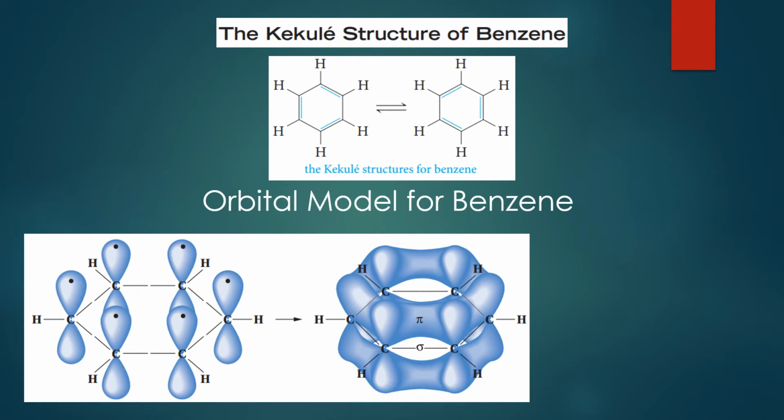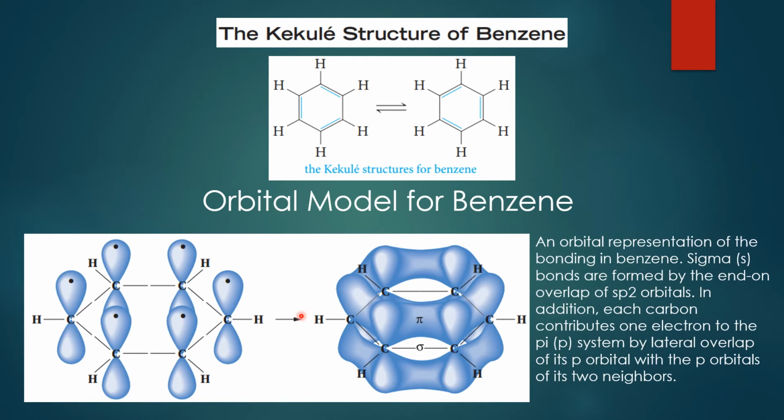Two sp2 orbitals of each carbon atom overlap with similar orbitals of adjacent carbon atoms to form the sigma bonds of the hexagonal ring. The third sp2 orbital of each carbon overlaps with a hydrogen 1s orbital to form the C-H sigma bonds.